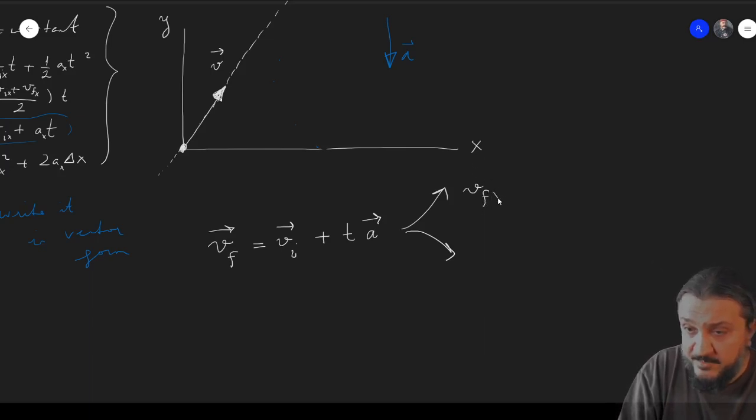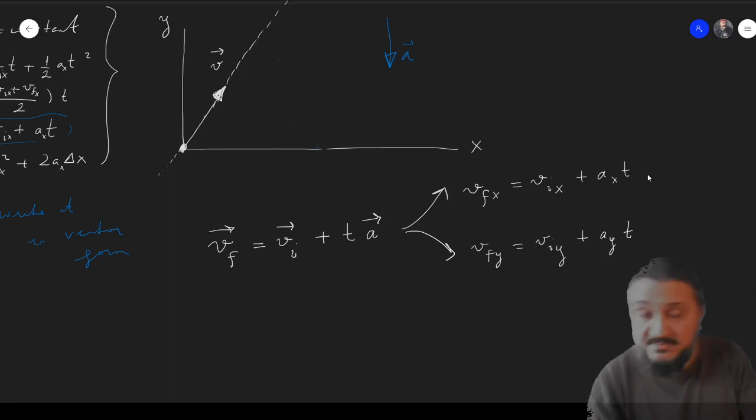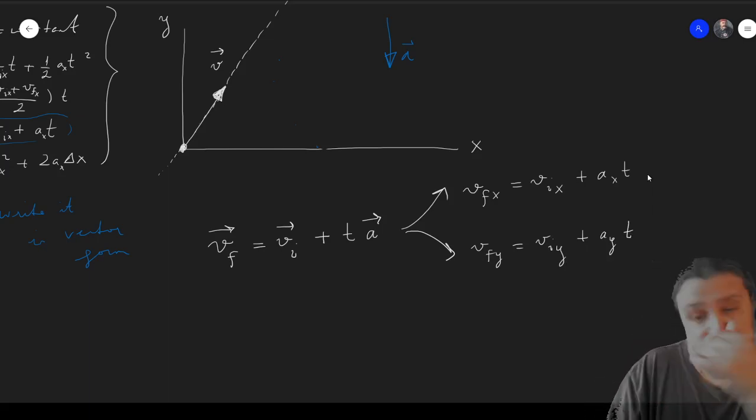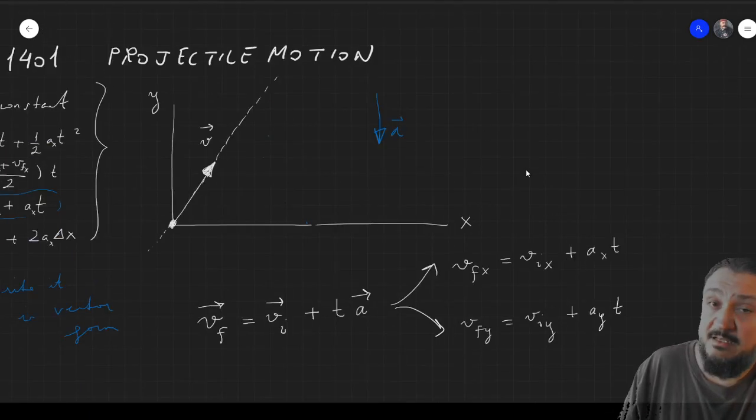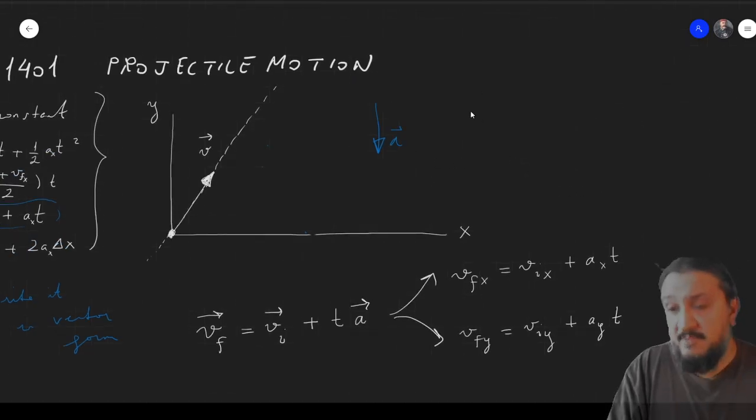The X component of V final is equal to the X component of V initial plus X component of A times T. And also the Y, V final Y is equal to V initial Y plus AY T. That's the general case. I mean, this happens to everything as long as A is constant, okay? But since we're talking about projectile motion, where A is always downward, there is no AY.